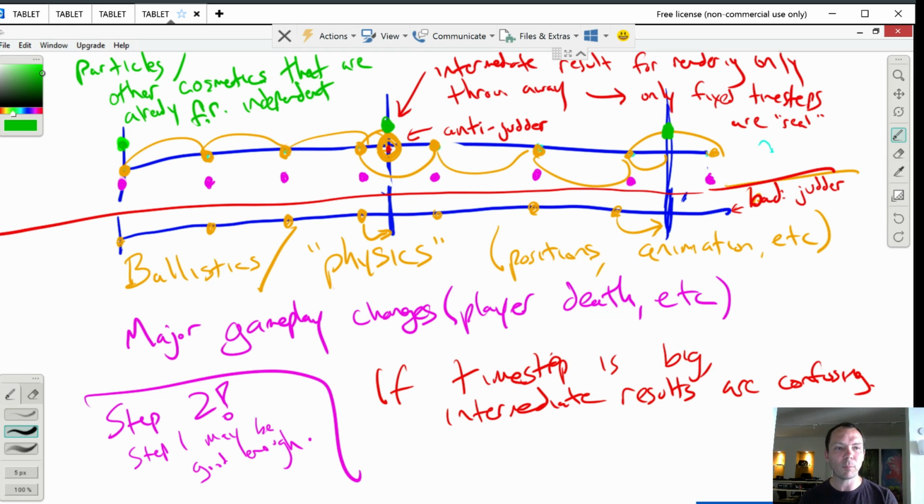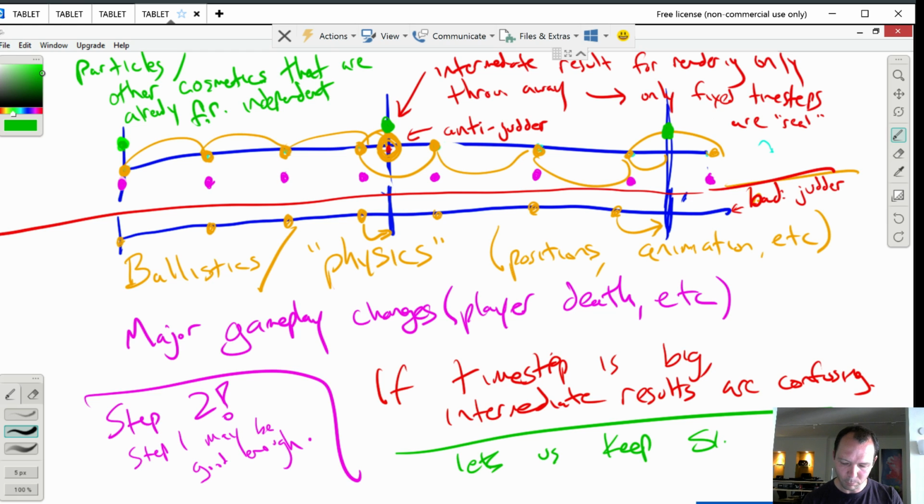It's a little bit of a complicated scheme, but it's way simpler than almost any other way that I can think of trying to be frame rate independent. Now, the point of all this is it lets us keep our gameplay code very simple, which is very good.